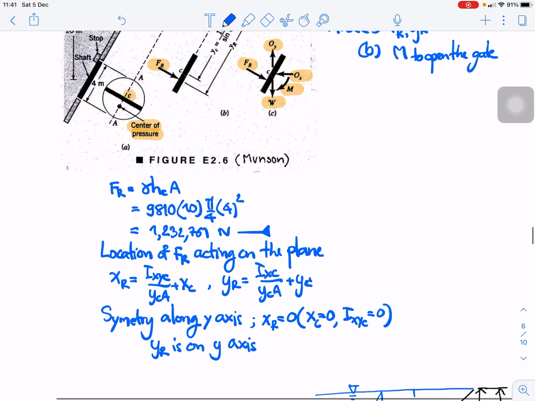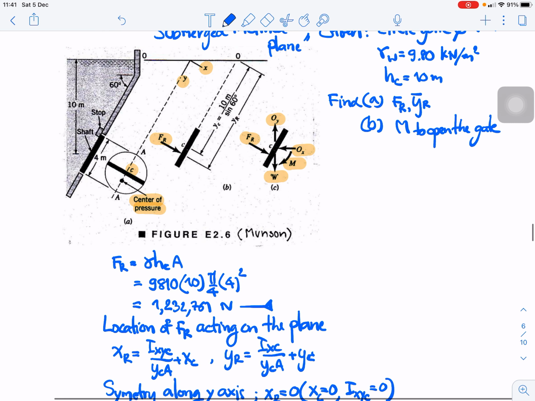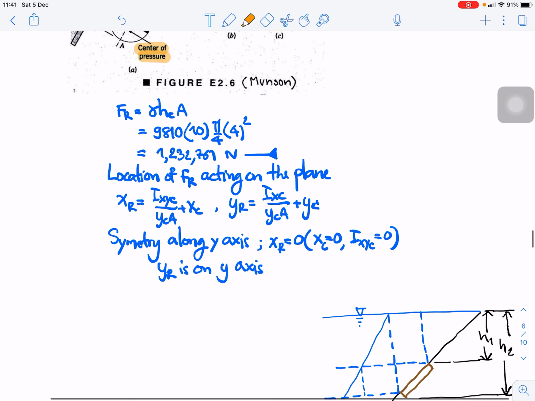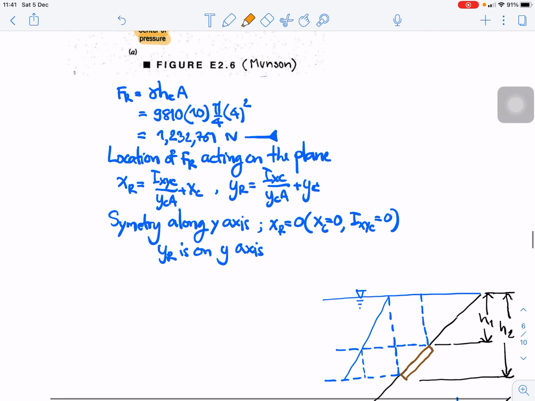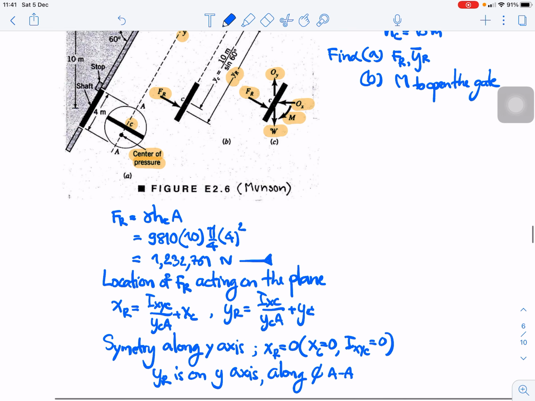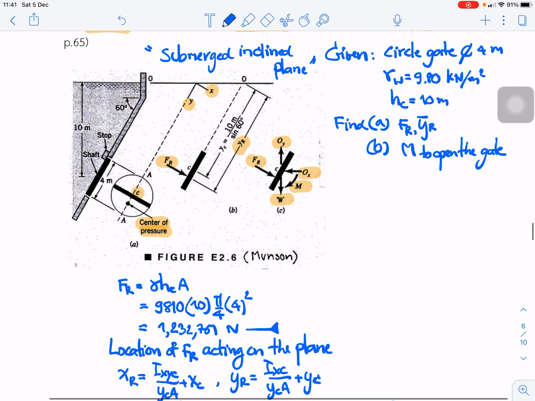So this is yR here. yR is along the y-axis, along this line from a to a.